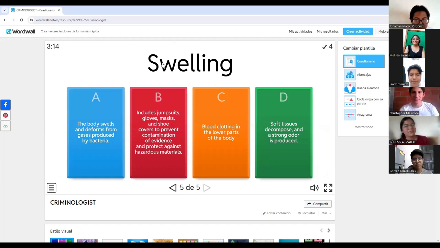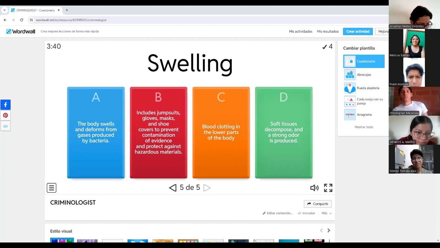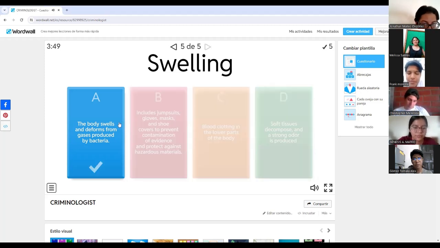And the last one, what is swelling? It's letter A, that the body swells and deforms from gases produced by bacteria. Okay, let's see it. Yes, correct. It's letter A.